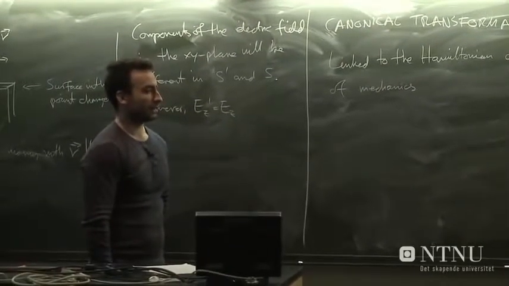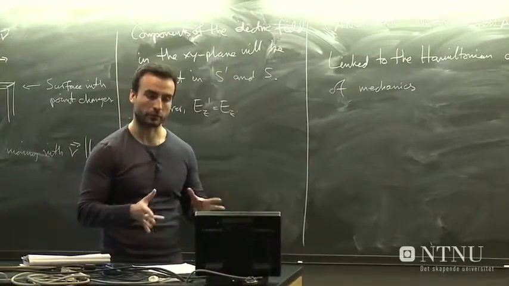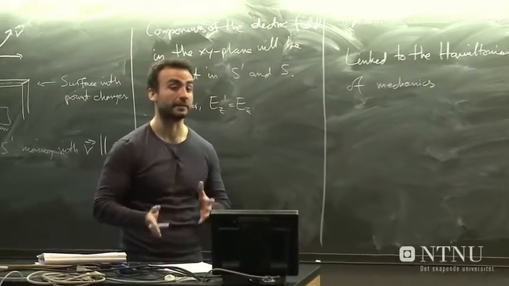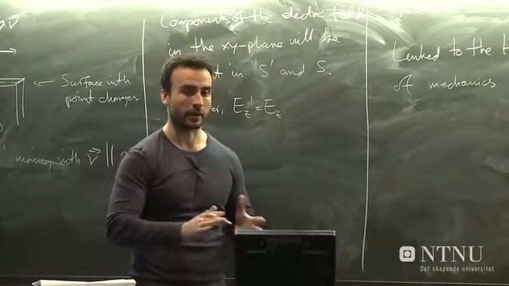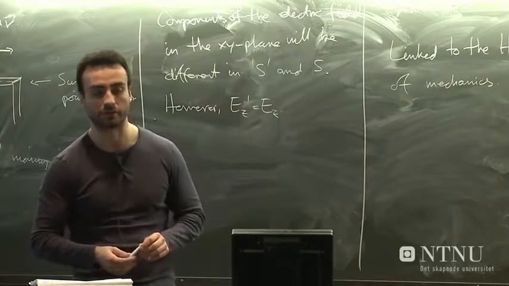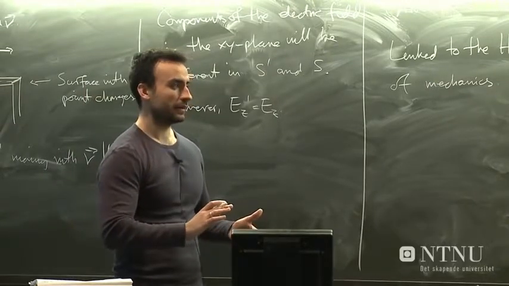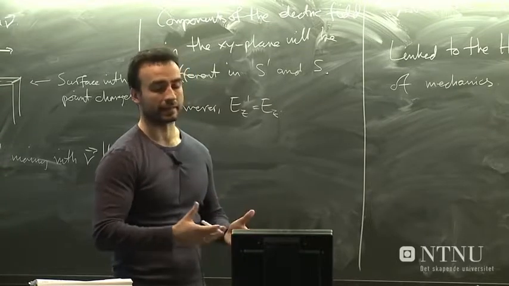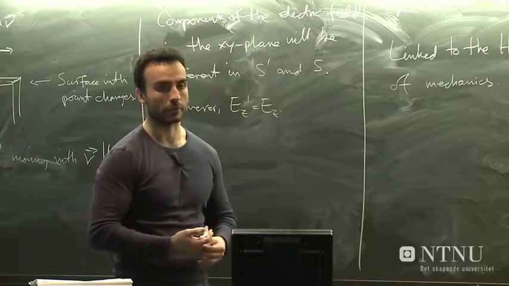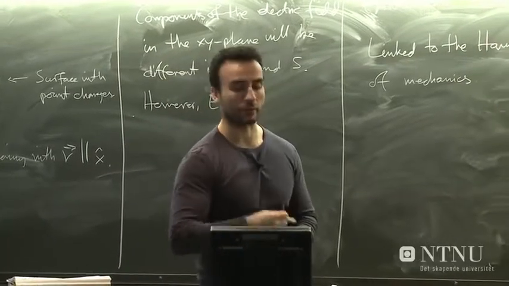And as we've seen previously, one of these two formalisms doesn't necessarily have an advantage compared to the other one in terms of allowing us to solve the system more easily. They provide two complementing approaches to our problem. One of them involves second-order differential equations, the other one first-order.